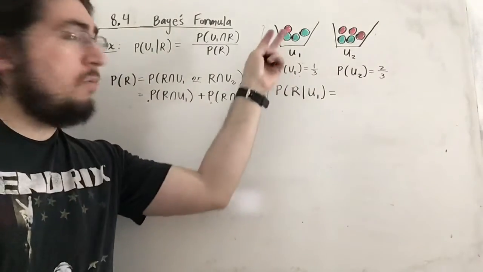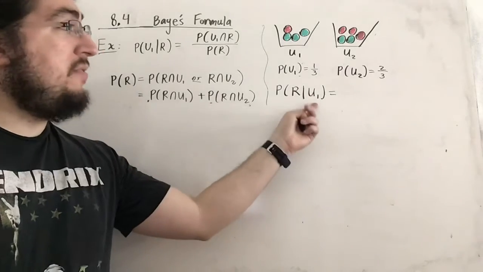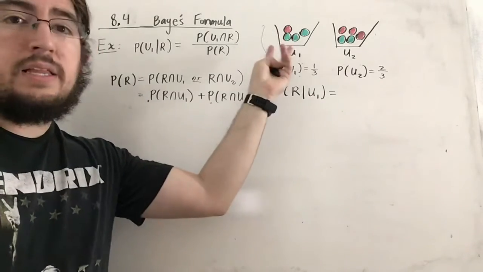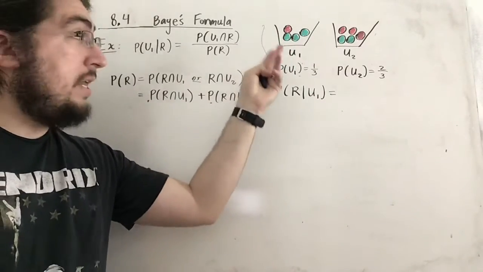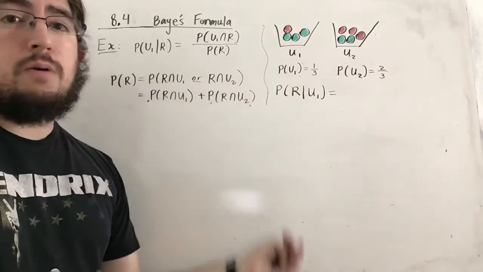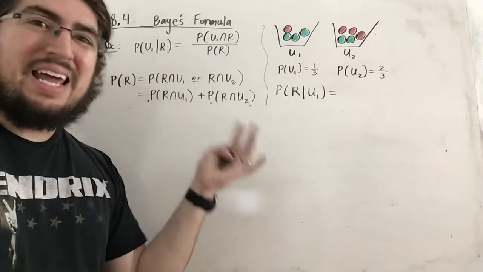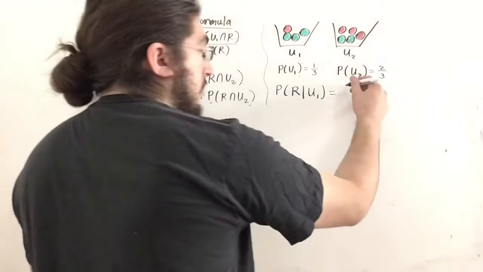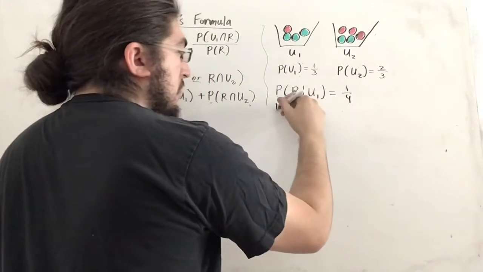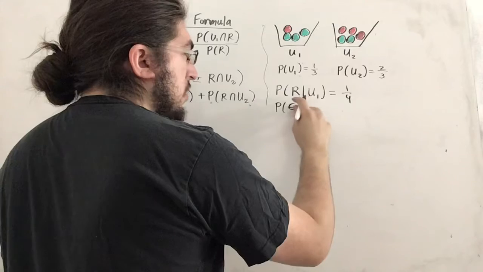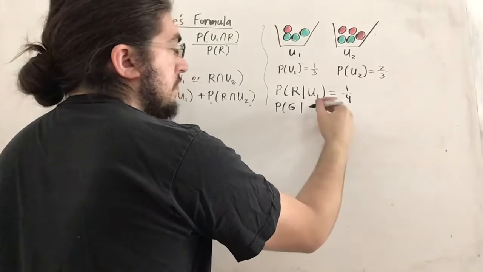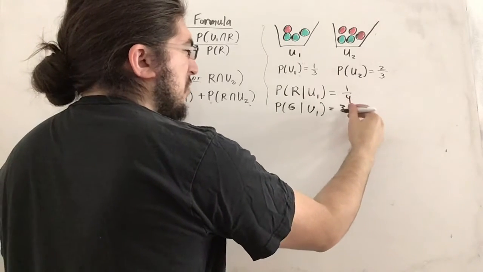This is actually what I was talking about here. Because if it is in urn 1, then we're looking at this one only. The probability that the ball is red, given that the ball is in urn 1: there are 4 balls in urn 1, and only 1 red ball. So this is 1 out of 4. Similarly, the probability that it's green, given that it was in urn 1, is 3 out of 4.